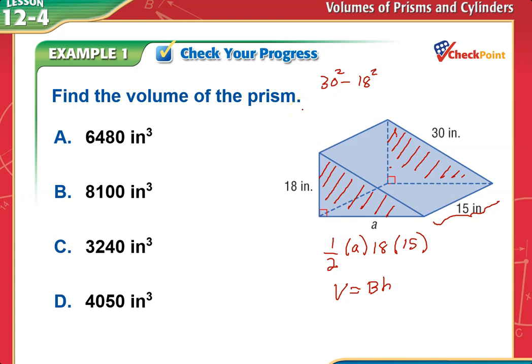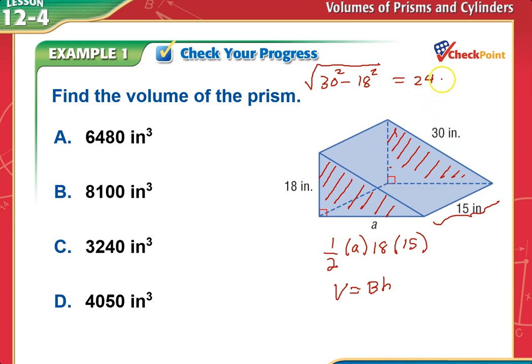Okay, so you can all get your calculator out if you like to. So 30 squared, 900, minus my 18 squared, and we end up with 576, and then we take a square root. So we take the square root of 576, we end up with 24.